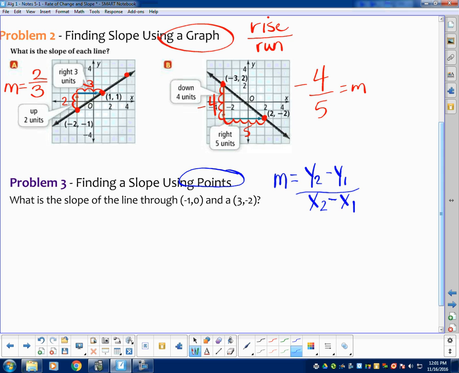So we're going to label our points first with an X1 and a Y1. Those numbers are just a way for me to say that these 2 go together in the same pair, and then these 2 go together in the same pair.